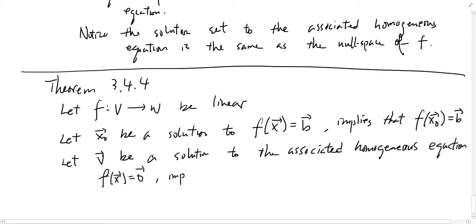So basically that implies that f of vector v is equal to 0 vector.